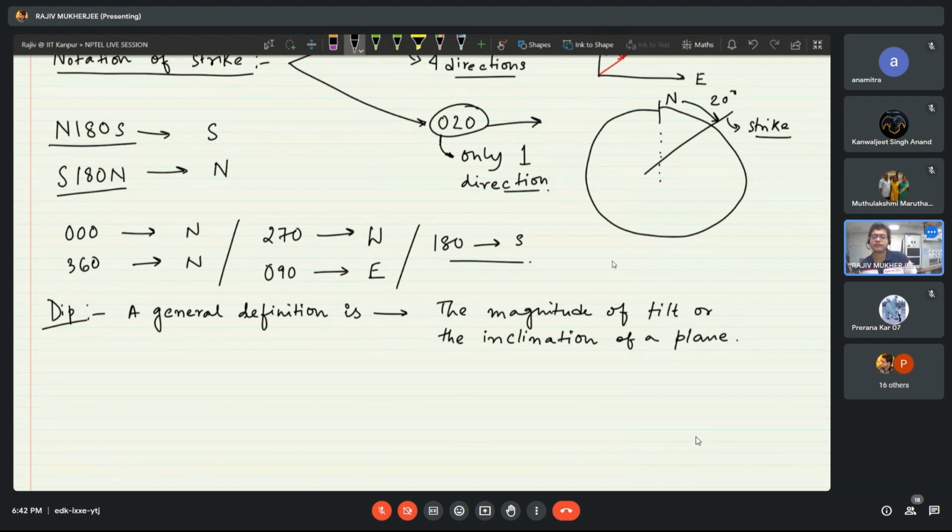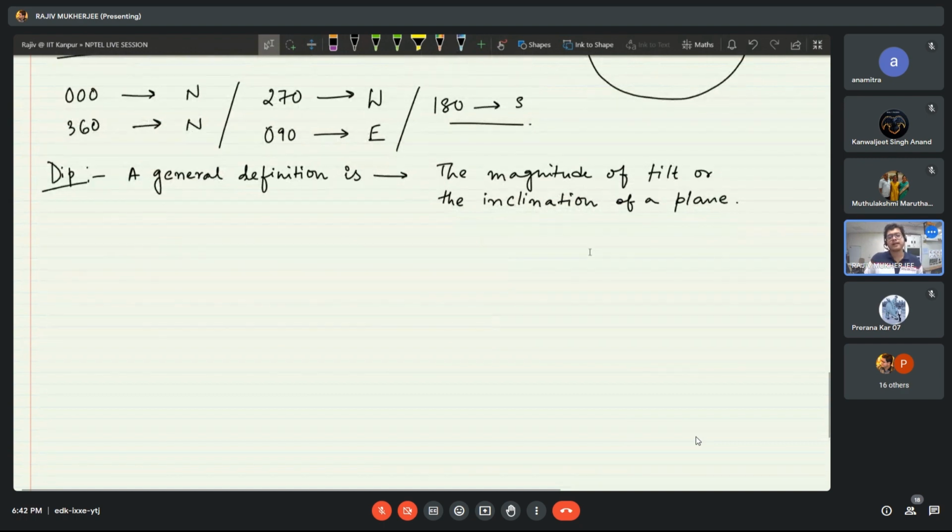However, this definition has to be precise, because in any direction the plane can dip, I mean it can tilt, and for measurement purposes we can measure the tilt amount or the inclination in several ways, say for example, in an infinite number of ways.